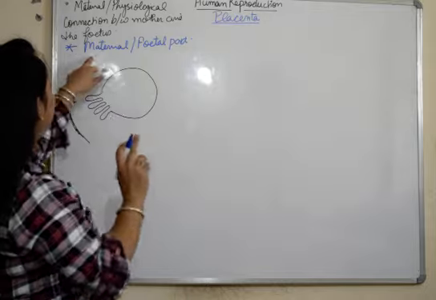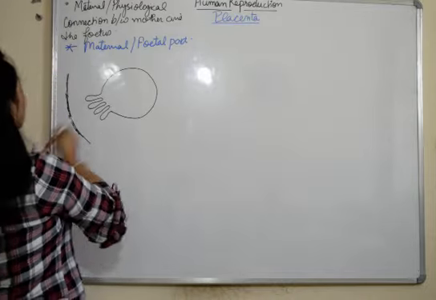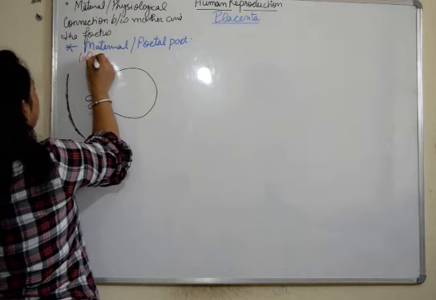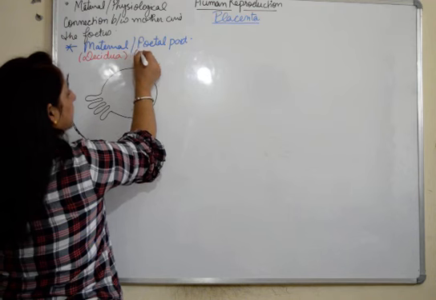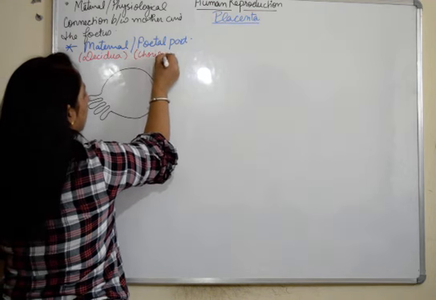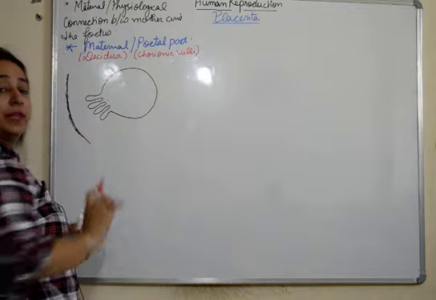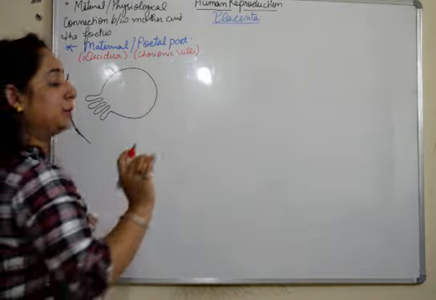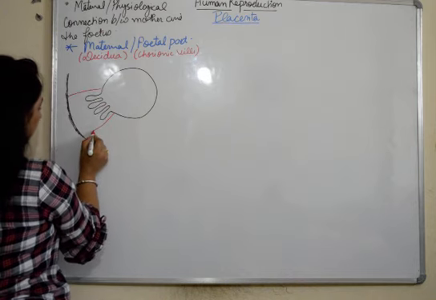Now here I have said that two parts are there, the fetal and maternal part. The maternal part is known as decidua, whereas the fetal part is made up of chorionic villi. These are chorionic villi, which we had done when we did implantation. So one part of the placenta will be this part.